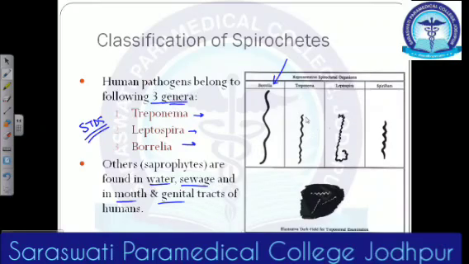Treponema has a basic curvedness. Treponema and Leptospira are similar in length, but Borrelia is a little larger with a flat spiral, and Leptospira bends at one terminal, right? In dark field microscopy we can visualize it just like that. So that's the classification.